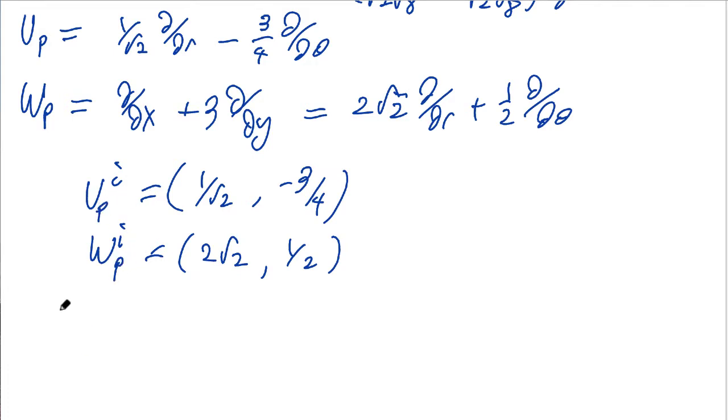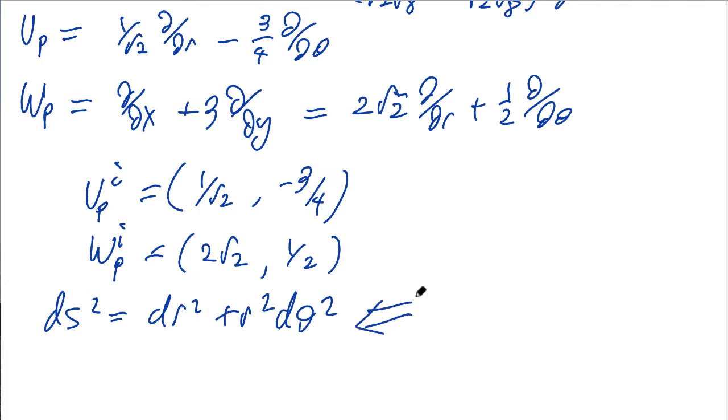Now the metric, well, we remember the line element is dr squared plus r squared d theta squared. So just picking off the coefficients here, the rr, or 1,1 coefficient is 1. The theta theta, or if you like the 2,2 coefficient is r squared, and the cross terms vanish.